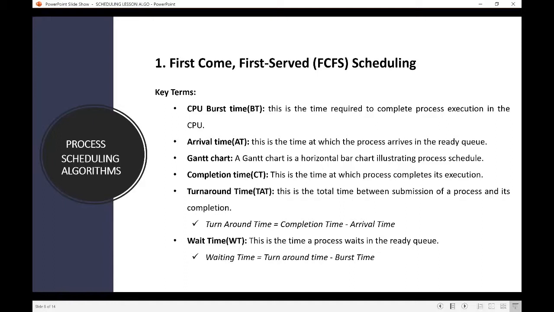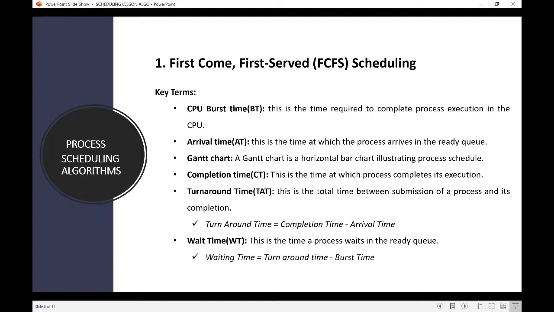The time between when the process has started the execution and the time it has ended, that interval we call turnaround time. And to calculate turnaround time, we use the formula: we take the completion time, then we subtract arrival time, and from there we get the turnaround time.